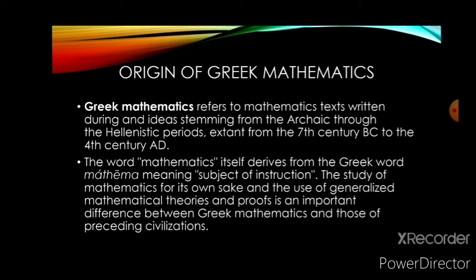The word mathematics itself derives from the Greek word mathema, meaning subject of instruction. The study of mathematics for its own sake and the use of generalized mathematical theories and proofs is an important difference between Greek mathematics and those of the preceding civilizations like the Egyptians, Romans, etc.